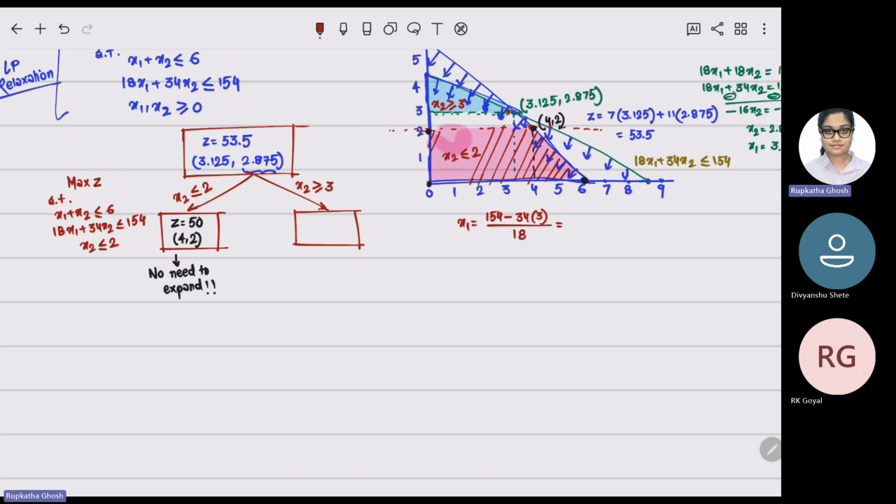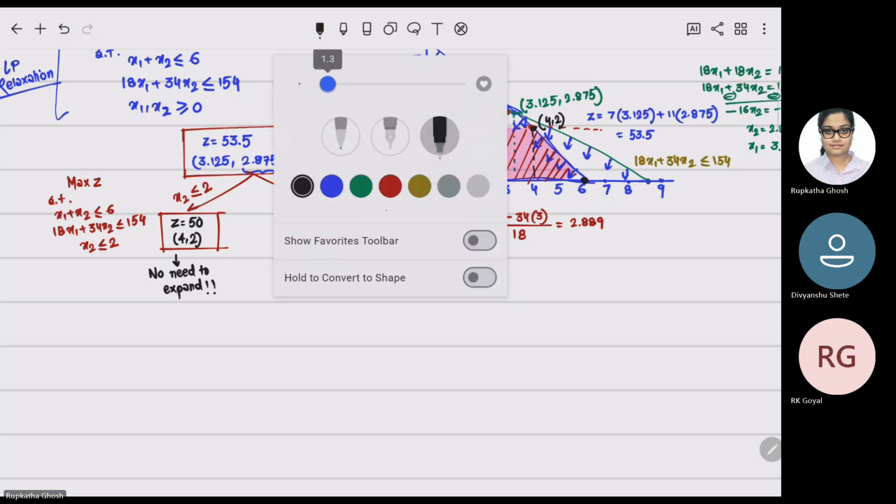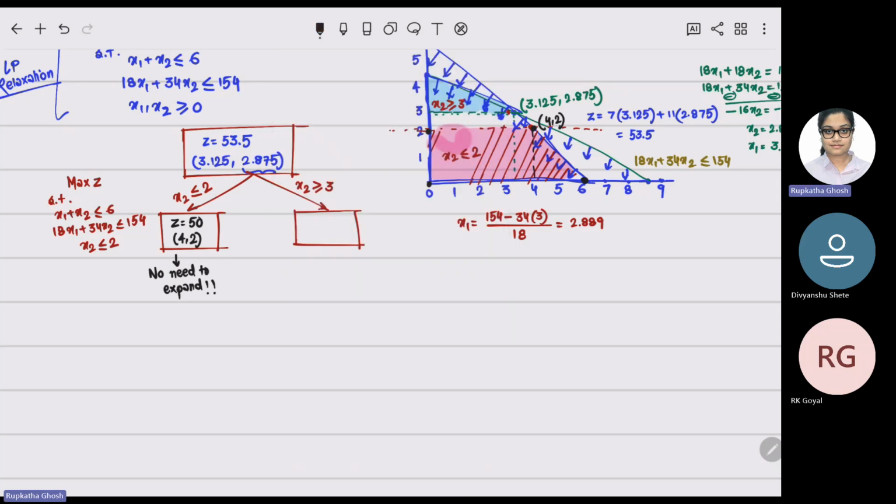So that is 2.889. That means mostly here only you will be obtaining a solution, at 2.889 comma 3.